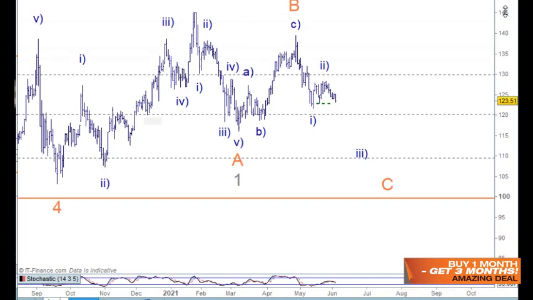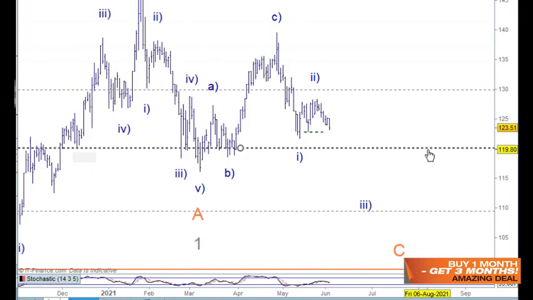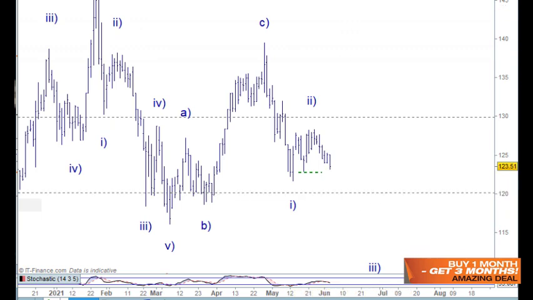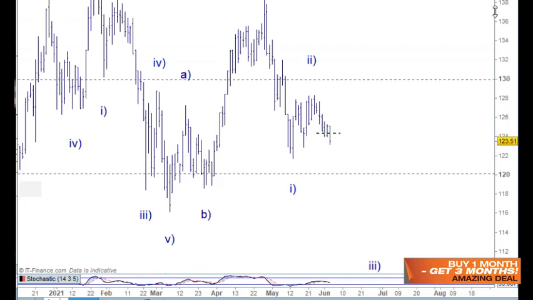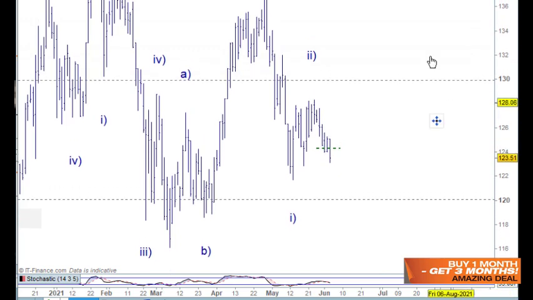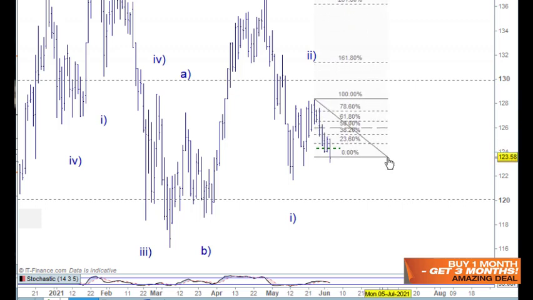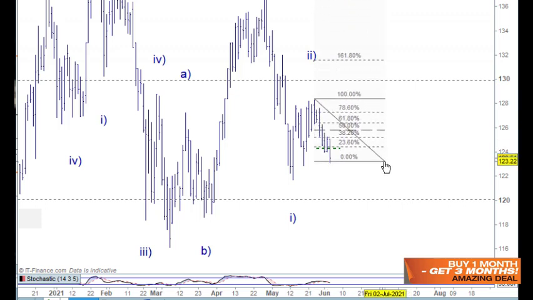But yeah, so really what we're talking about here, we've got a short trade in here, and it's not too bad in that relation. We just wanted to keep the stop out of the way of the 61.8% from that top down to 123, which is there.